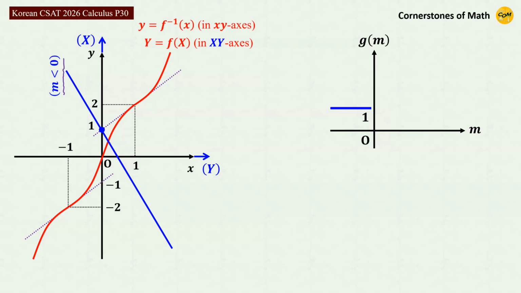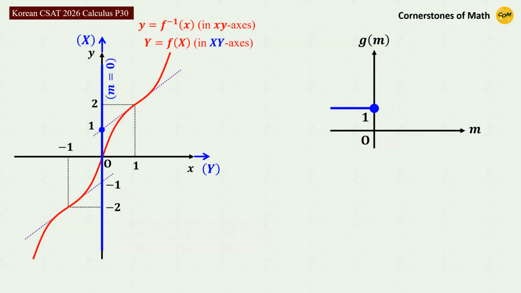It is clear that the blue line and the curve meet at only one point, hence g of m equals 1 in this region. This trend goes on for some time as the slope increases, until we reach m equals 0. When m is equal to 0, there is still only one intersection point, hence the value of g of m at m equals 0 is still 1.